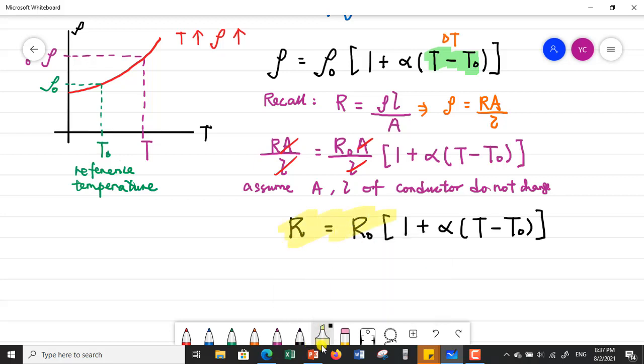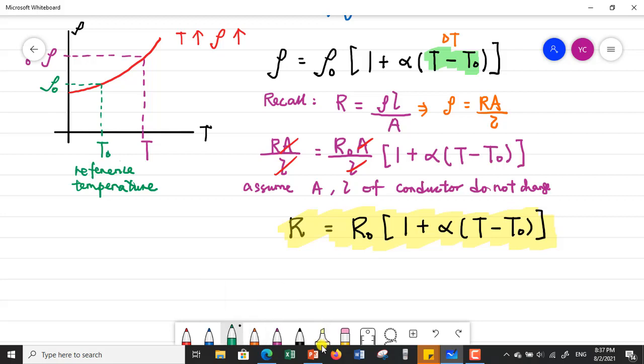We can use this equation to find the final resistance at temperature T after we heat up the conductor, providing that we know the resistance at the reference temperature. Resistance at reference temperature I denote by R naught, and T naught is the reference temperature.